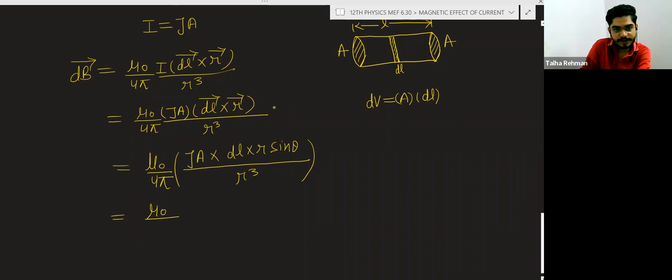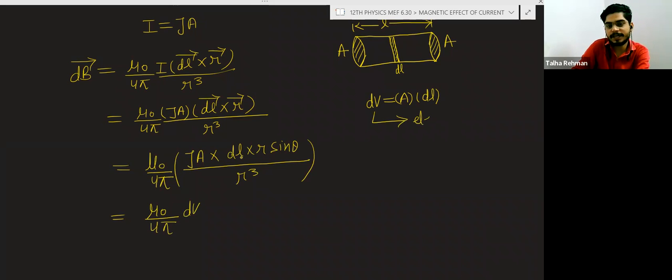This is mu naught divided by 4 pi. And what is A into dl? A into dl is dV, the small or elemental volume. What remains is J into dl and sine theta, and this r is remaining.